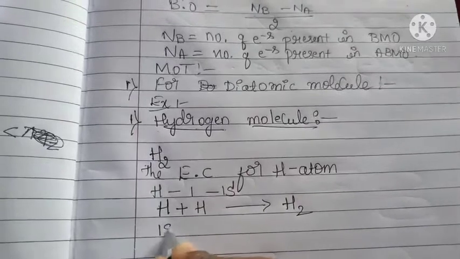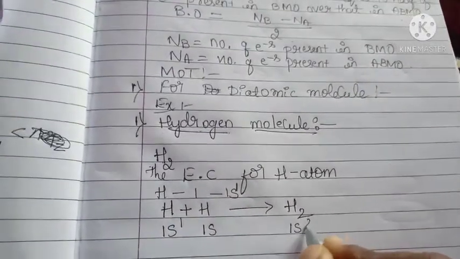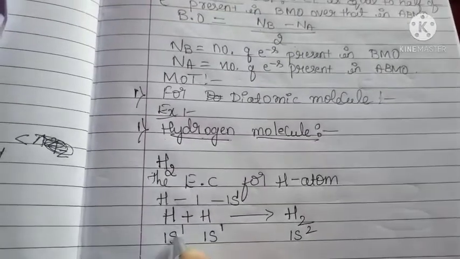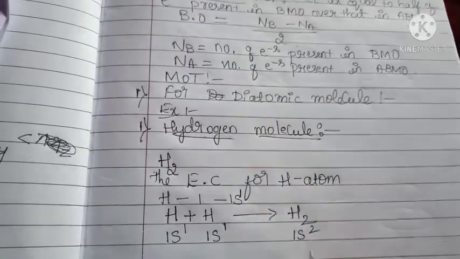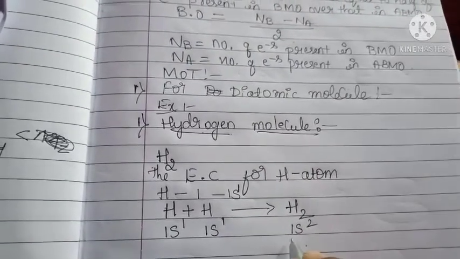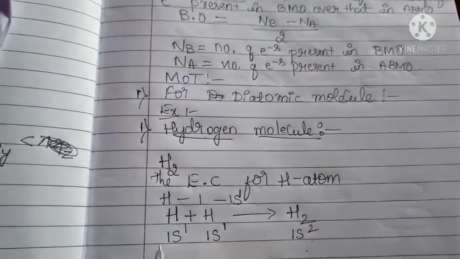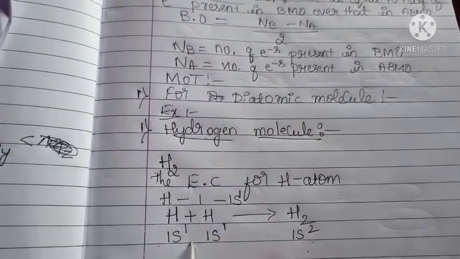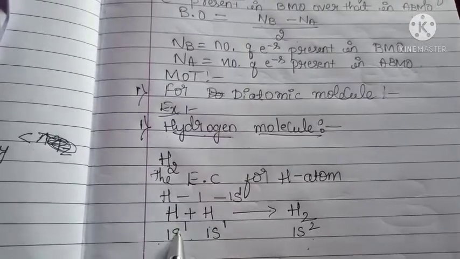Then 1s1 and 1s1 give 1s2, since 1 plus 1 gives 2. This is the electronic configuration for the hydrogen molecule. Here there are two 1s atomic orbitals of two hydrogen atoms containing 1 electron each.